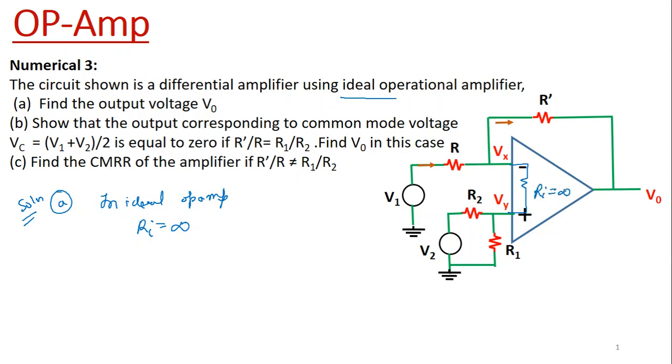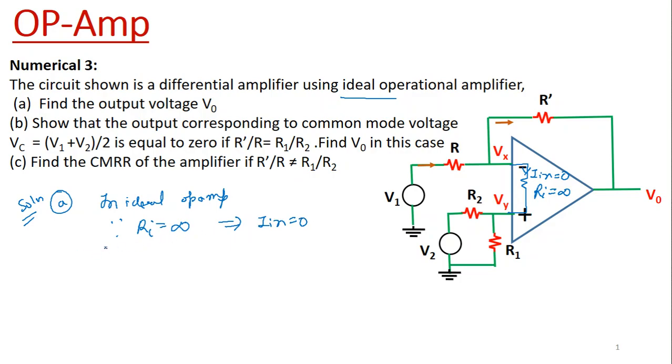This input resistance is infinite means it will act as open circuit, and in open circuit no current flows, so the input current flowing through the input resistance will be equal to 0.